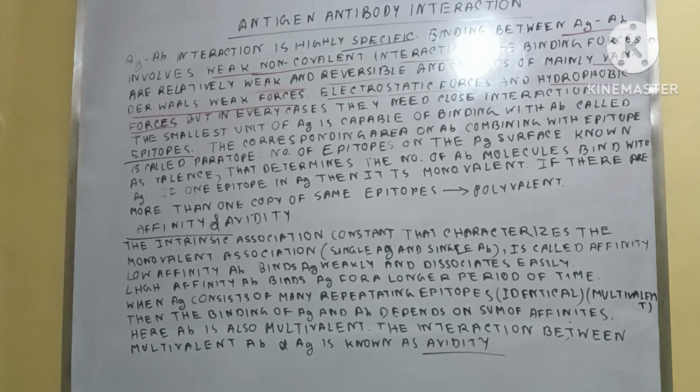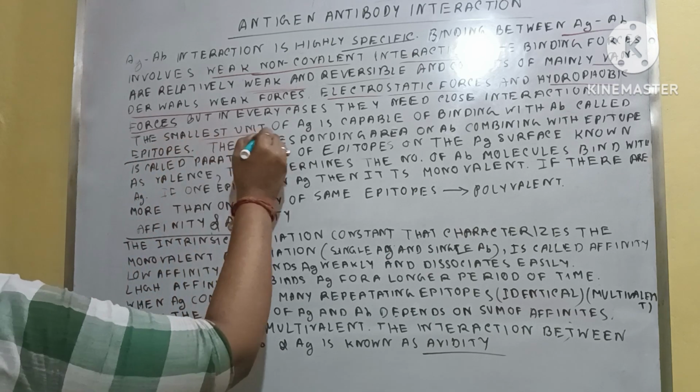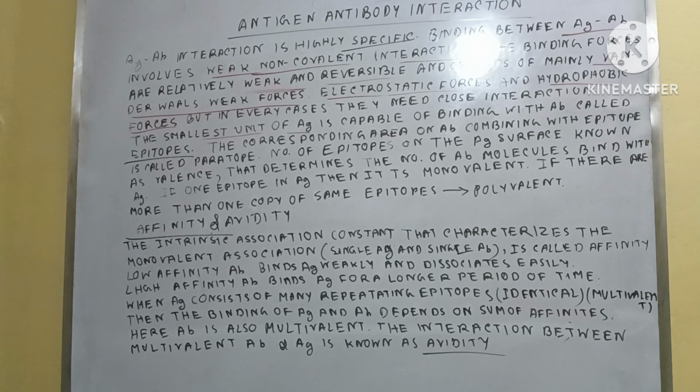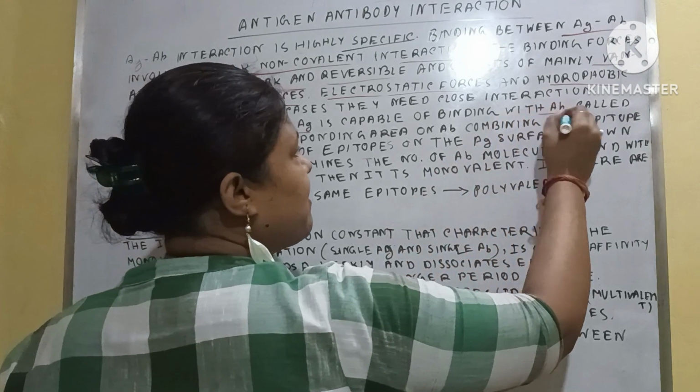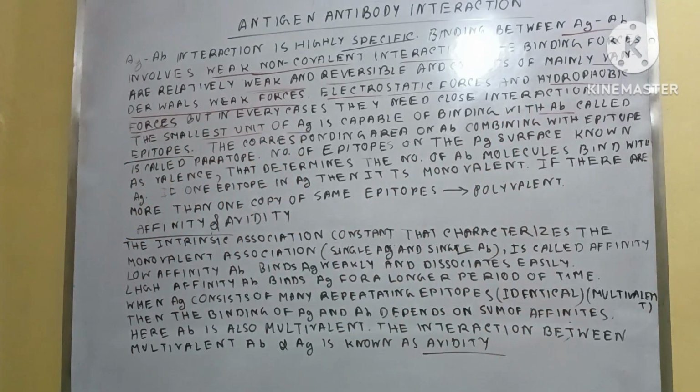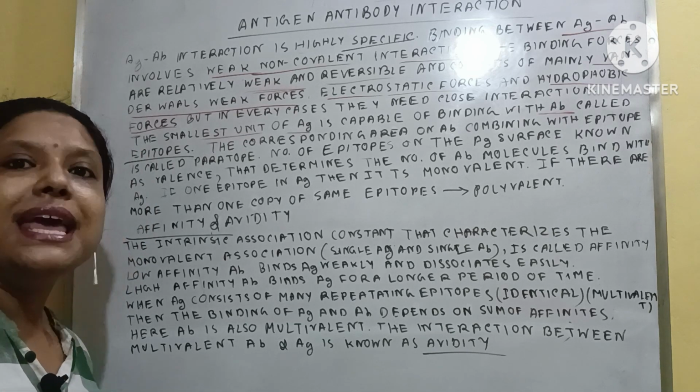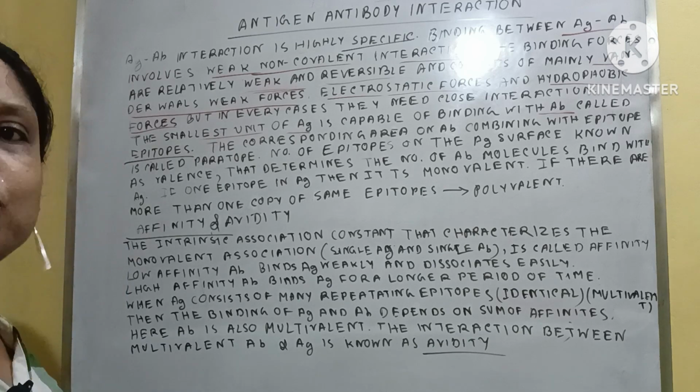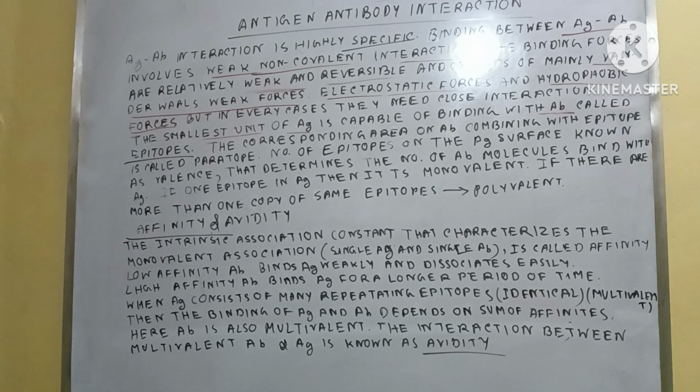Okay, and the smallest unit of Ag that is capable of binding with the Ab, meaning antibody, is called the epitope. The term epitope I have already explained in my previous video, so check out that term.